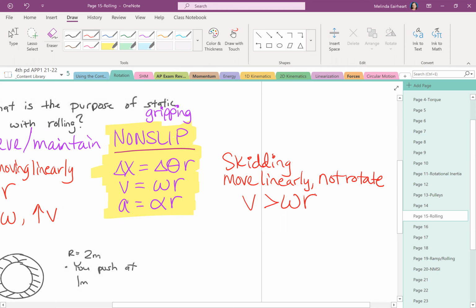And so friction is trying to maintain or achieve that non-slip. Friction, its job is to make that an equal sign. And so what's friction going to do? Friction's going to act in such a way to increase omega, more torque, and decrease that linear velocity.